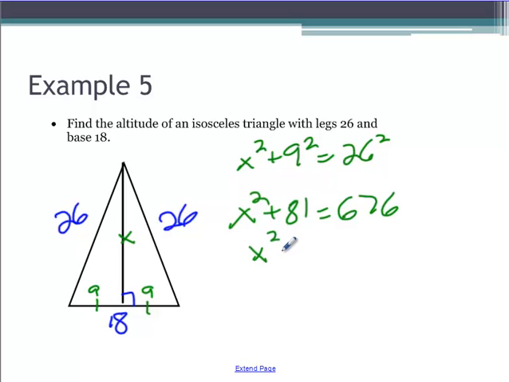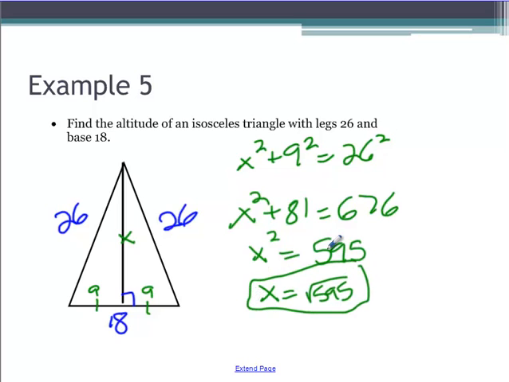So x squared equals 595. And 595 is not a perfect square, which it is not because of the size of the number, so don't worry about making a factor tree. Just leave it as the square root of 595. If I type that in a calculator, I get 24.39, and it keeps going. So I'm going to stop there.